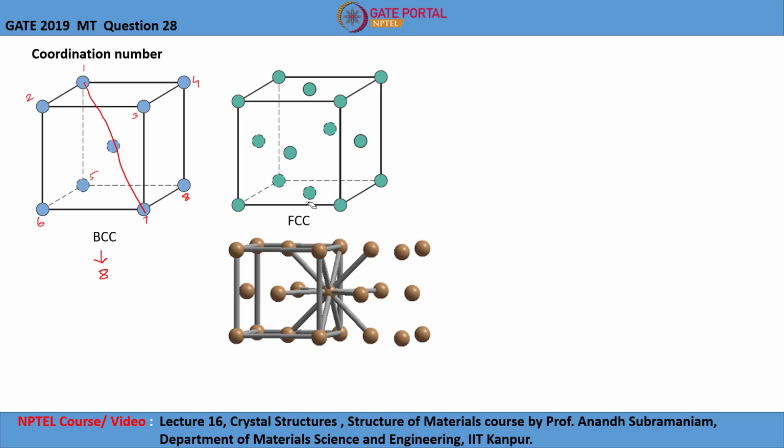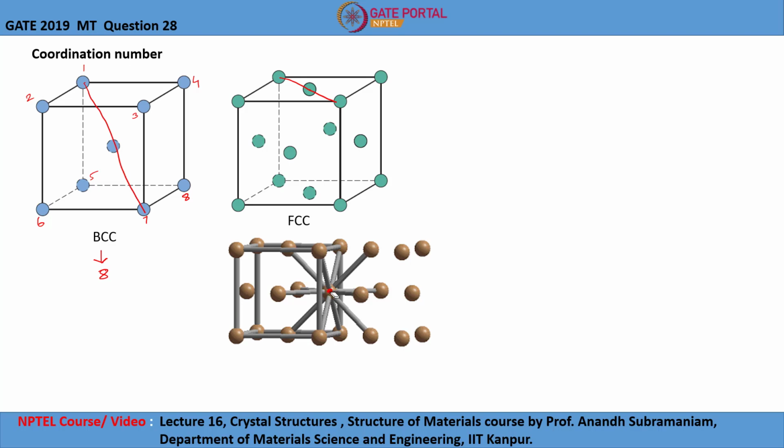And on looking at the schematic of FCC, we can see that the nearest neighboring atoms can be found on each face, or the atoms will be touching each other along the face diagonal. So let us consider a face-centered atom for finding the coordination number. To visualize, another diagram is also given.